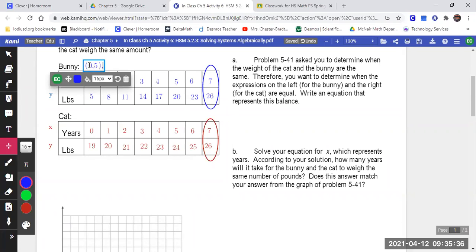What's our next coordinate for the bunny? Because we need the coordinates for the graph. First one was (0, 5). What's the next coordinate? (1, 8). Keep going on your list.